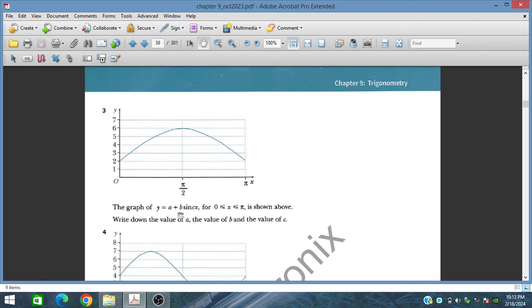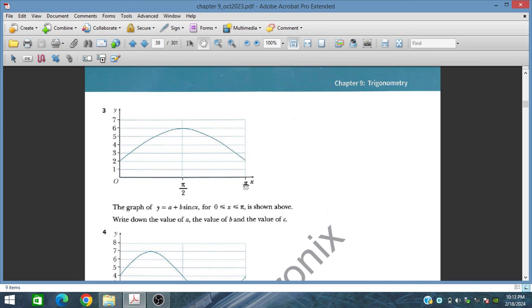This 2 is here, so A is equal to 2, and B is the difference between this 2 and 6. So this is 4. So B is 4, and since this is half, this C is 1.